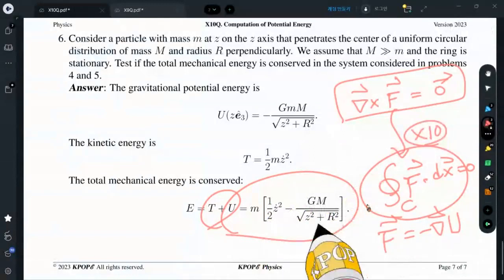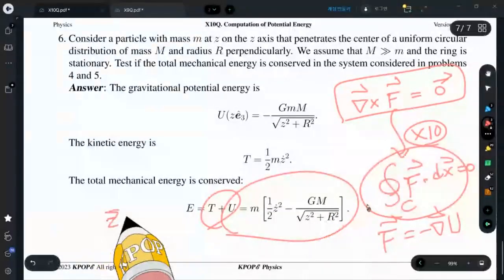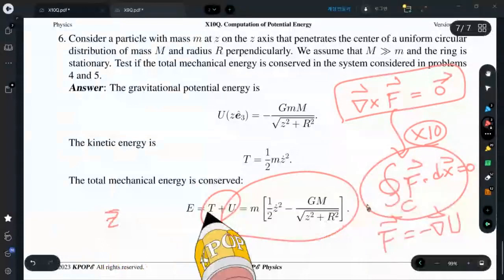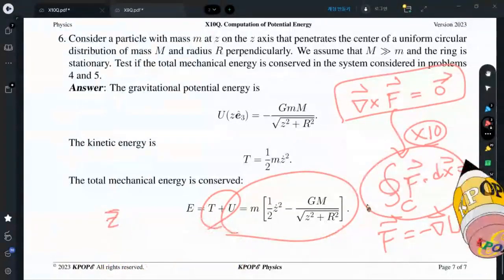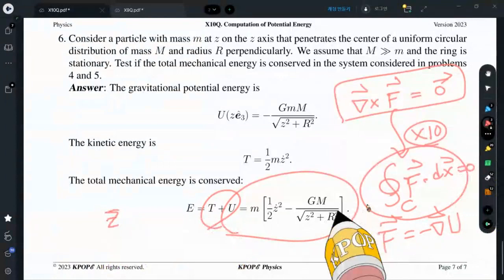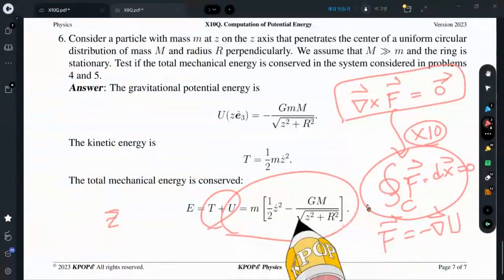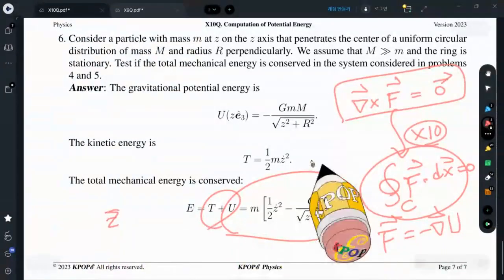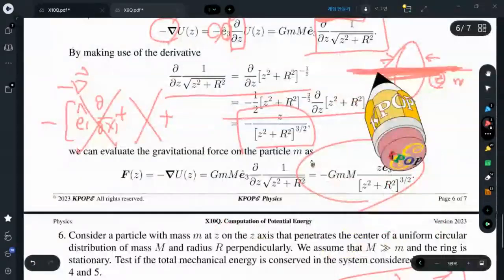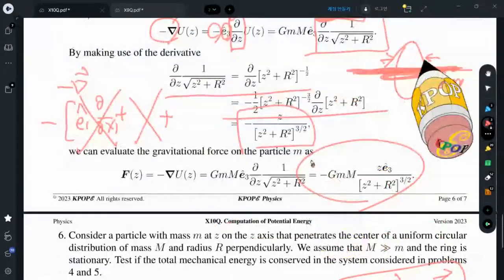You can apply the binomial expansion for a special case when z is very small or whatever limit. You can take the limit to find out what I told you, that it may be oscillating unless the kinetic energy is too large.